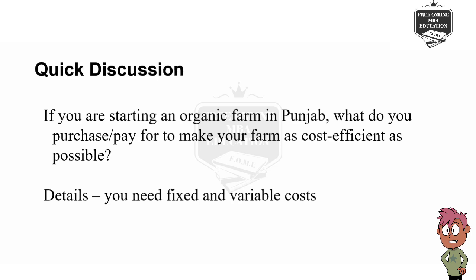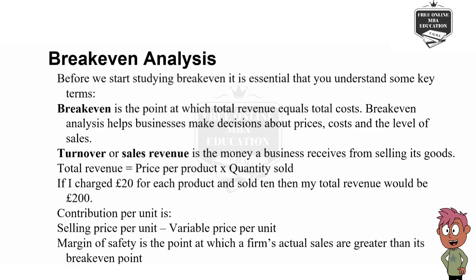If you're starting an organic farm in Punjab today, what do you purchase or pay for to make your farm as cost efficient as possible? Now, what you need to think from is the perspective of fixed and variable costs. Okay, I will keep here to discuss for today, that is the break-even analysis.